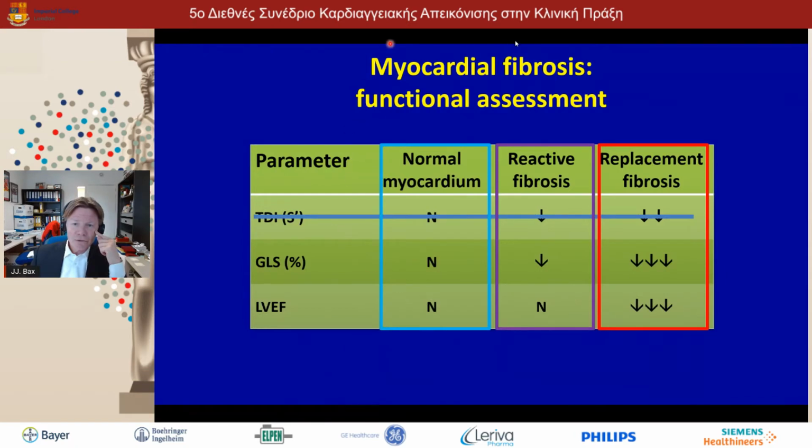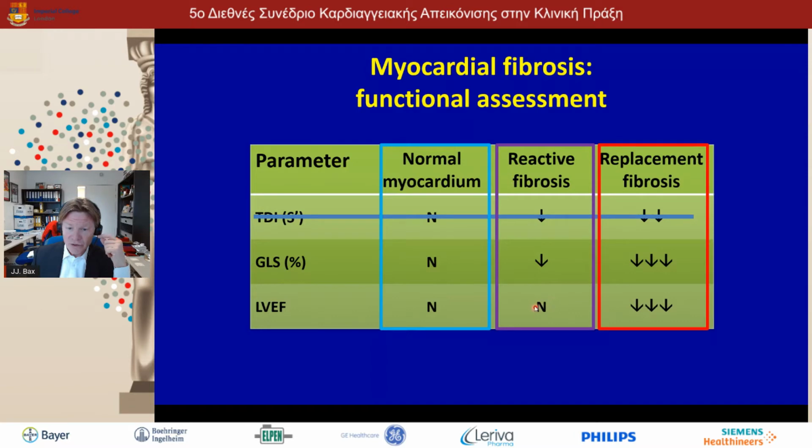So if we now talk about functional assessment of the fibrosis, these are the parameters: global longitudinal strain and ejection fraction. In normal myocardium, I have a normal strain and I have a normal ejection fraction. In reactive fibrosis, my strain is going down but my ejection fraction is normal. All the cases that I showed you.